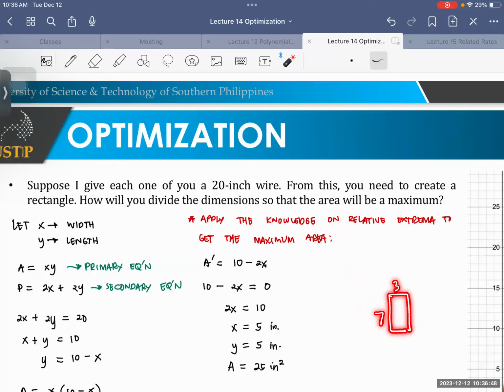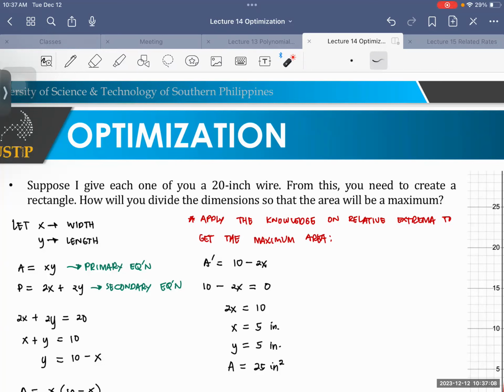This is the rectangle and ang perimeter ana is 20. The problem is unsang dimension ang makahatag og maximum nga area. Okay? Lisod mag trial and error.